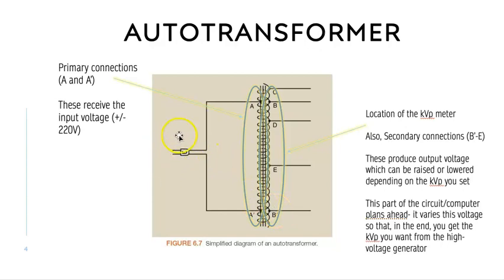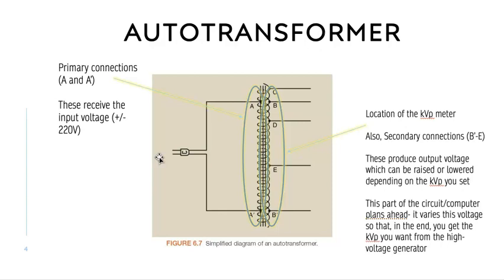So we moved on from how and why we're getting our alternating current, our electricity here from the outlet. Now we're going to start focusing on how that electricity, or that power, is transformed for us to ultimately get X-rays. So where it's supplied first is the autotransformer. The autotransformer works on the principle of self-induction.